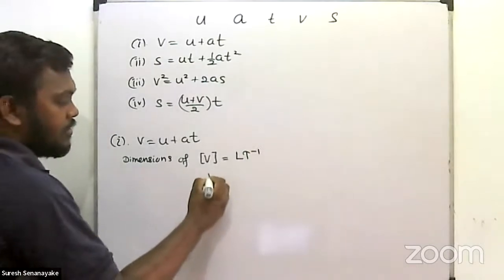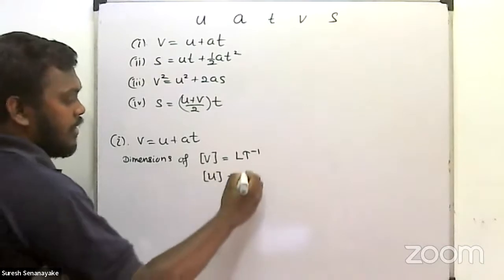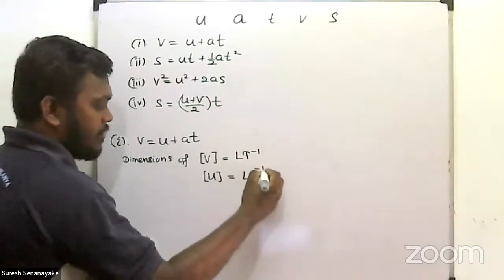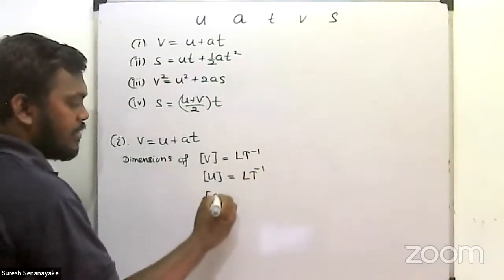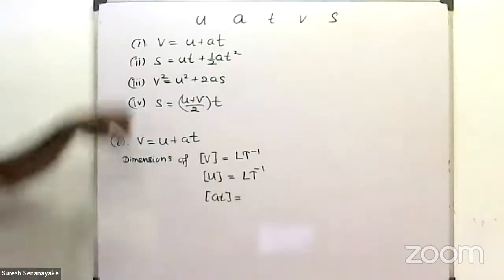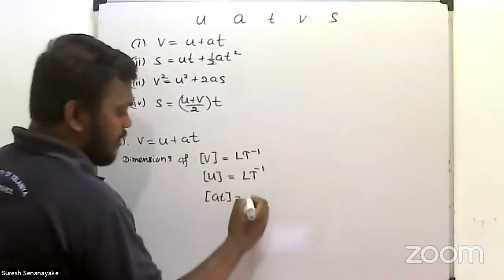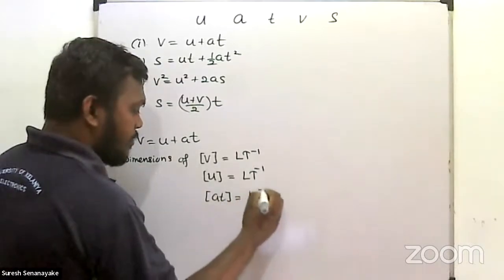And then the dimensions of u, it's also a velocity, LT to the minus 1. And then consider the dimensions of the at term. There are three terms, v, u, and at. Last day I showed you how to do it. So the dimensions of acceleration is LT to the minus 2.